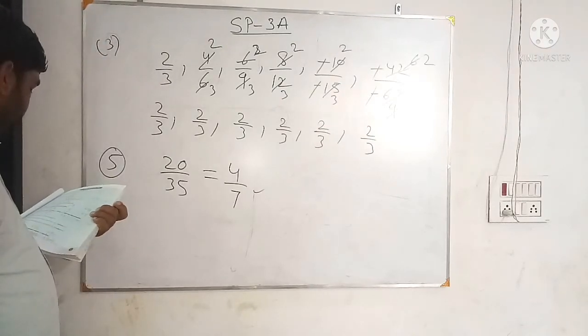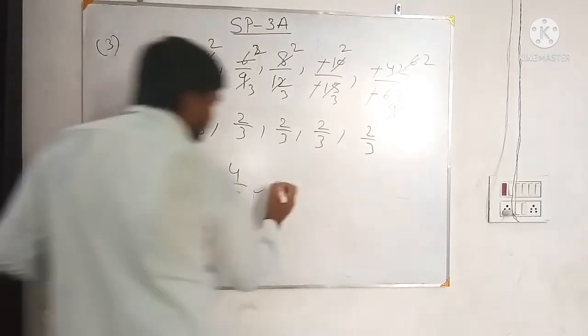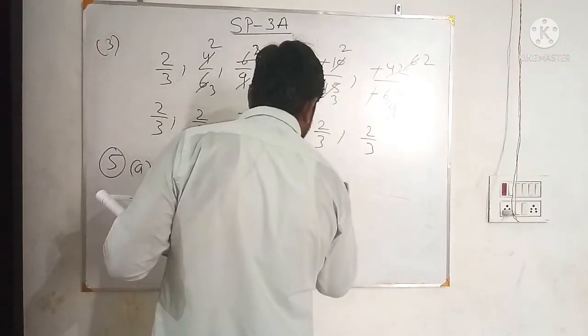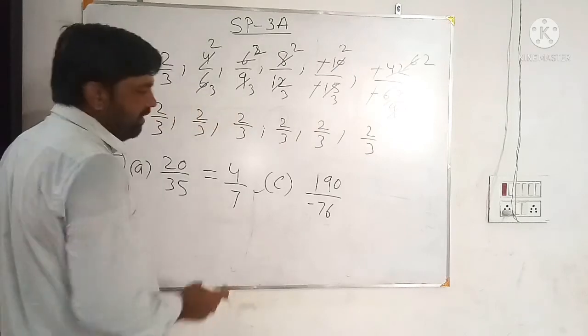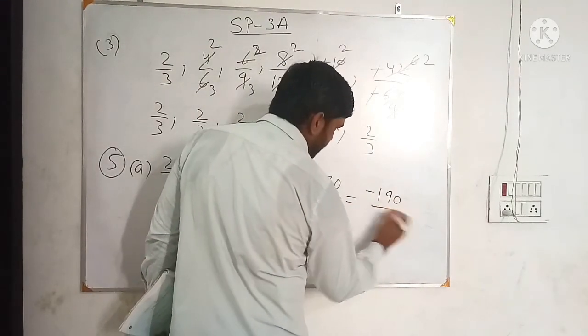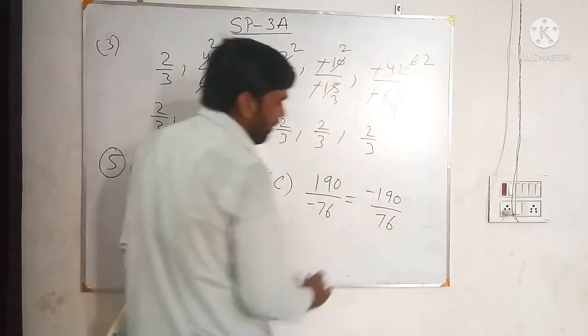Next question. This was 5A. Now 5C I will do. 5C: 190 upon minus 76. First of all we make the denominator positive, so it becomes minus 190 upon 76. After that we reduce it to the simplest form.